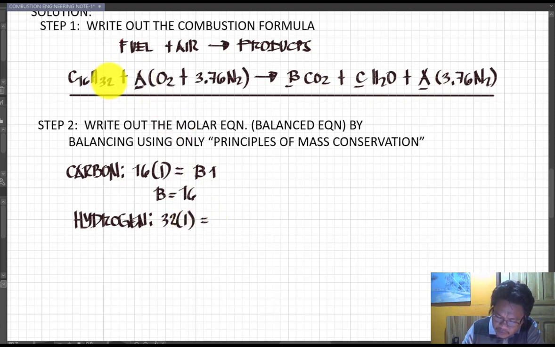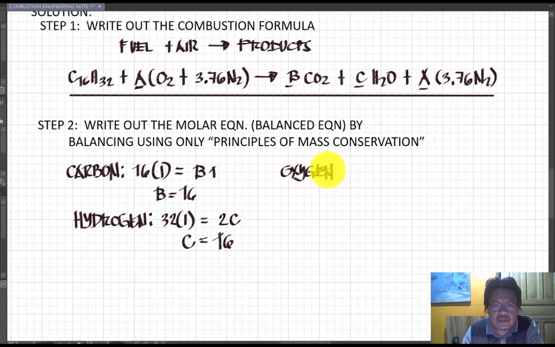So we have 32 times 1. Then on the other side, that will be 2 times C. Then your C, 32 divided by 2, so we have 16. Okay, it's not complicated.